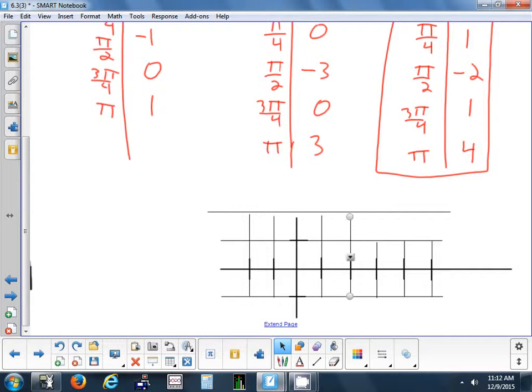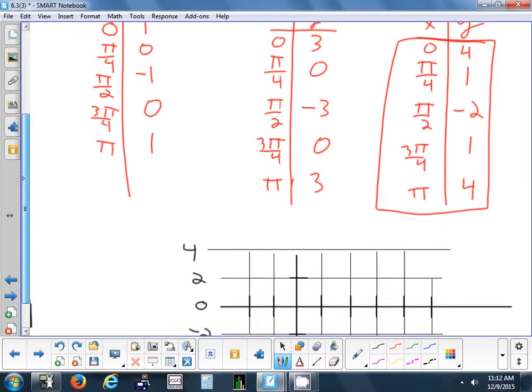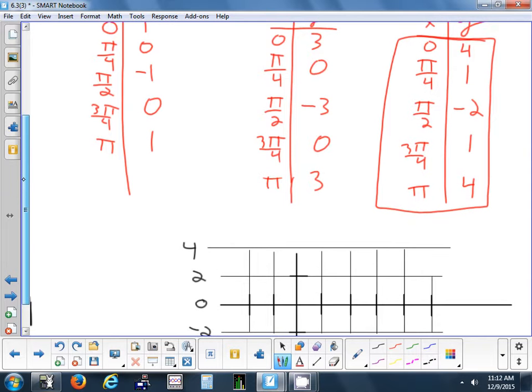Graph paper on the tests, you won't have to draw it yourself. It'll already be drawn for you. All right, so let's make this 0, -2, 2, 4. That should work fine. And my x values, I'm just going to label them in pi using the ones I got right there.